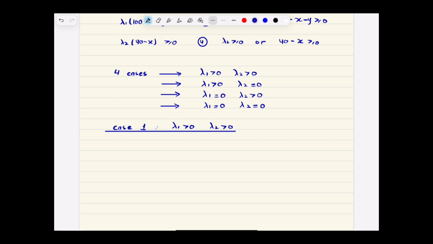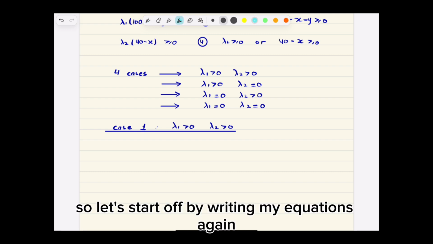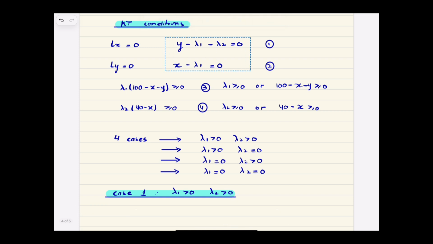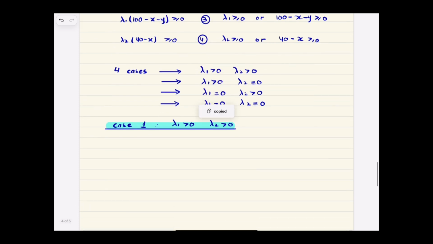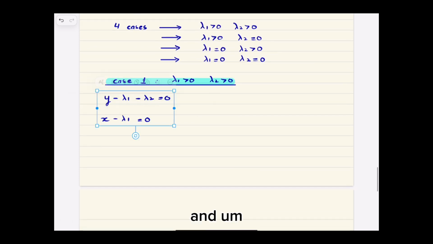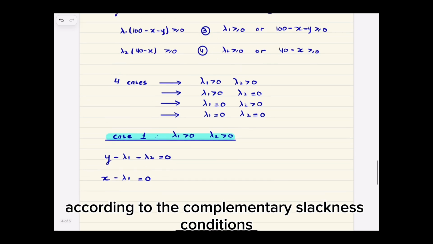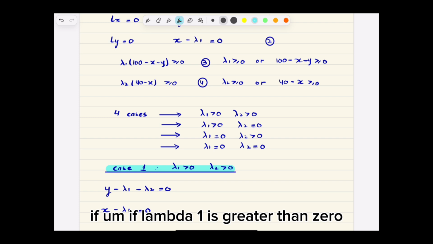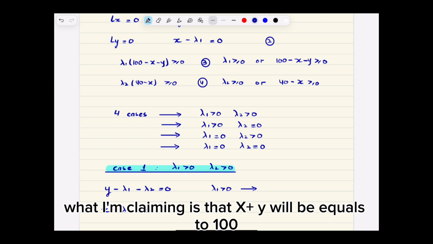Okay, so let's start off by writing my equations again. These were my equations. And according to the complementary slackness conditions, if lambda 1 is greater than 0, then what I'm claiming is that x plus y will be equal to 100.